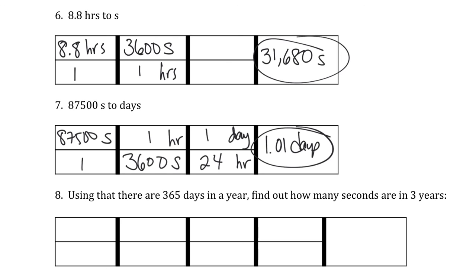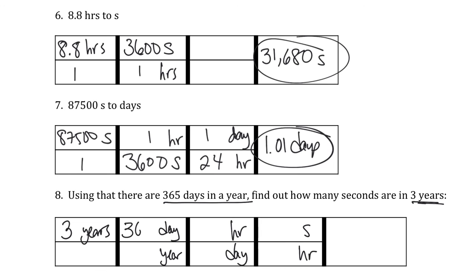All right. And here we are going to find out how many seconds are in 3 years. So 3 years is what we're starting with. And we have a handy dandy piece of information here that gets you from a year to a day, and then a day to an hour, and then hour to seconds.